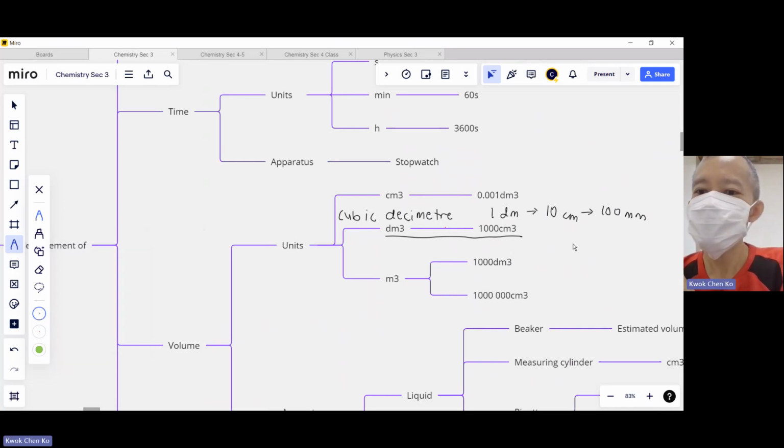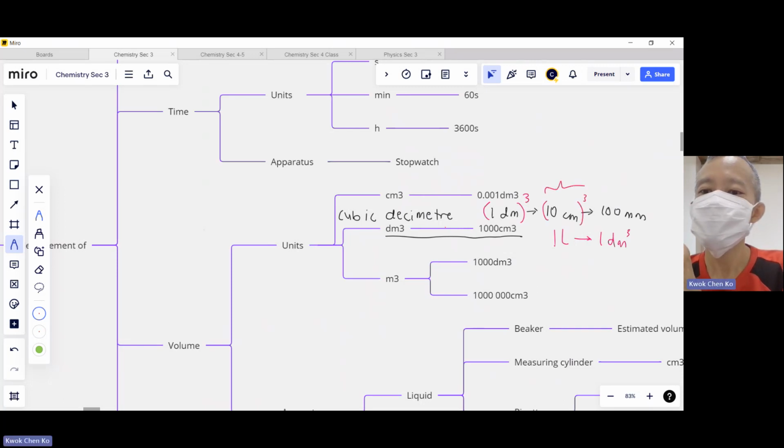Okay, by the way, have you heard about liters? Letter L. Should have, right, in primary school? Yes. So if you notice, one liter is actually 1 dm cube. And just to help you with your understanding, if I cube this, I also cube this.